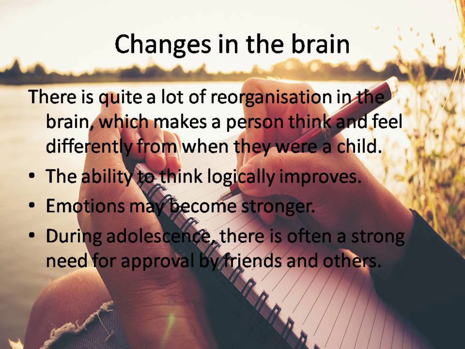There is quite a lot of reorganization in the brain, which makes a person think and feel differently from when they were a child. The ability to think logically improves. Emotions may become stronger. During adolescence, there is often a strong need for approval by friends and others.